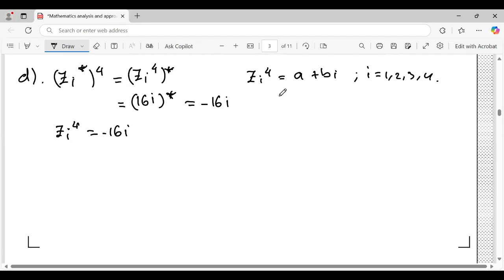If you compare with this equation, we can state that a plus bi equals minus 16I. So a equals 0 and b equals minus 16. Next question, E.